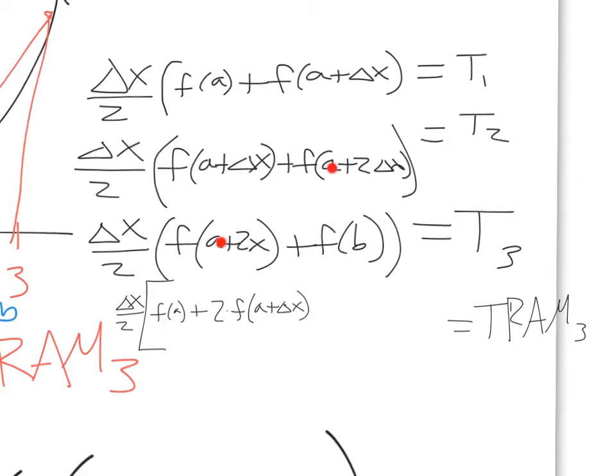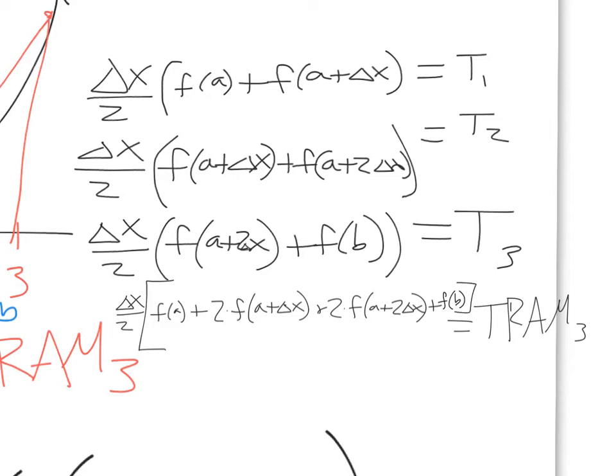And there's two of these sides, so plus 2 times f of a plus 2 delta x. There should have been a delta there. And then the last one would be just one f of b, and so that equals T3.